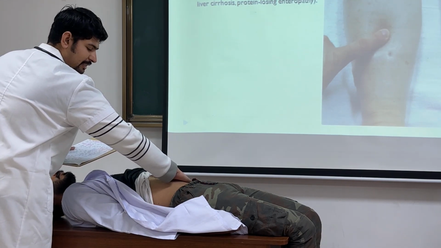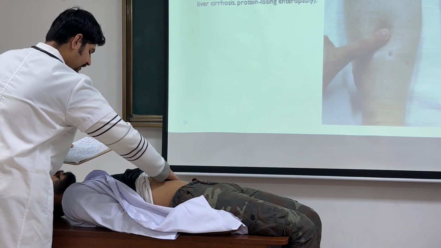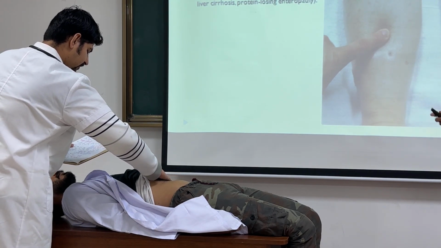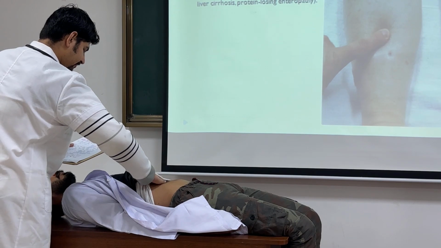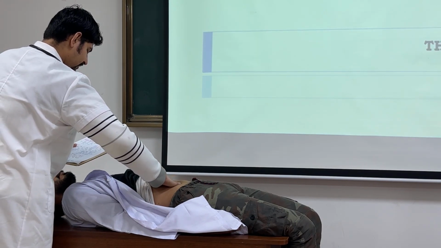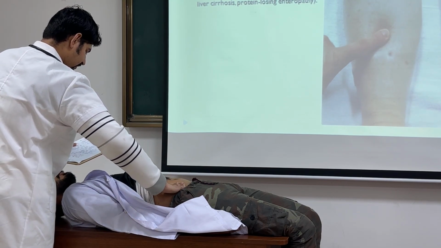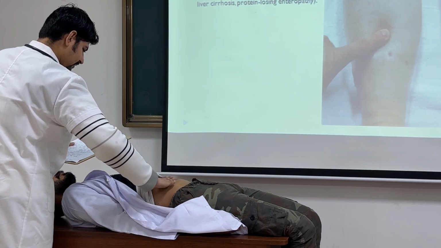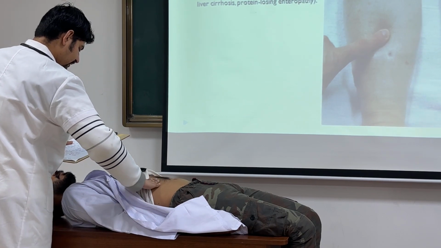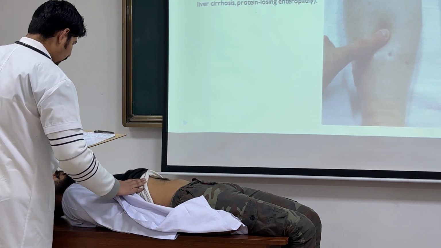Start from the left iliac fossa, then left flank, then left hypochondrium, then epigastrium, then umbilical region, then suprapubic region, then right iliac fossa, right flank, then right hypochondrium.